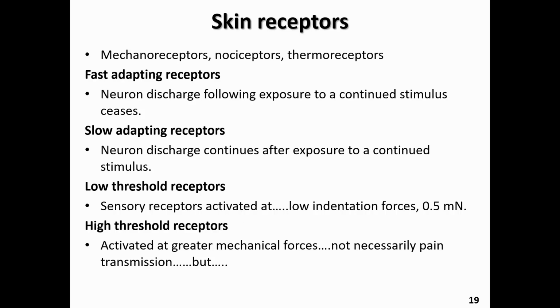And so these are activated at greater mechanical forces. Now, these are not necessarily pain transmitting receptors. However, mechanoreceptors are activated for pain transmission as well. So even though a receptor might be high threshold, it's not necessarily a pain receptor, although in the event of tissue damage, mechanoreceptors can be activated to transmit that pain information.